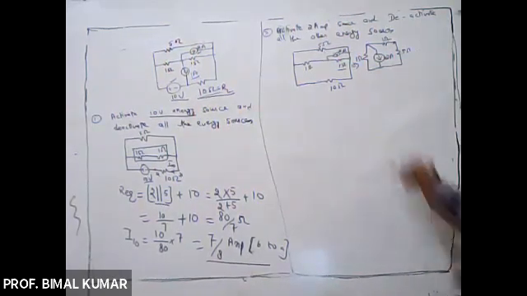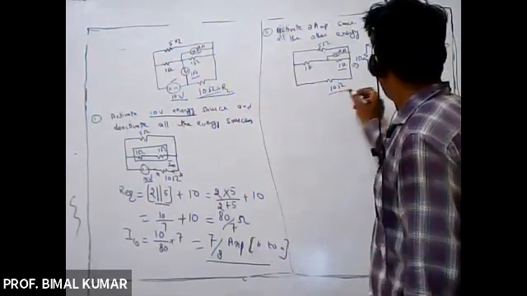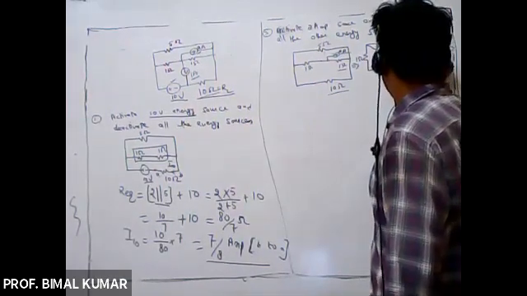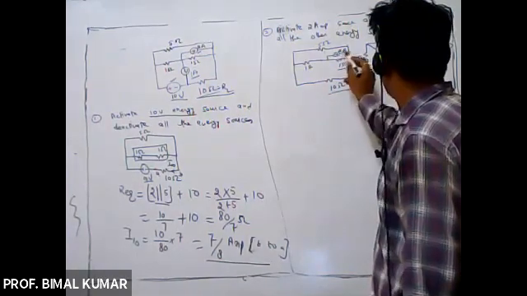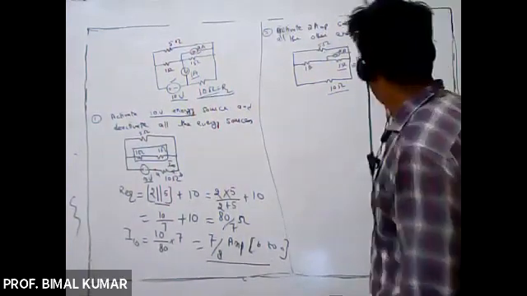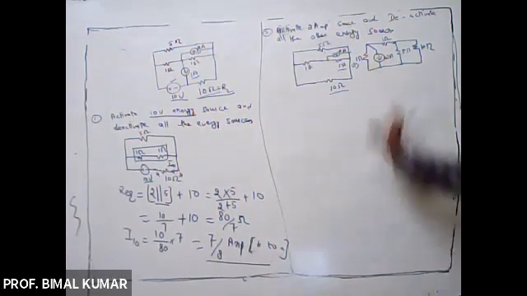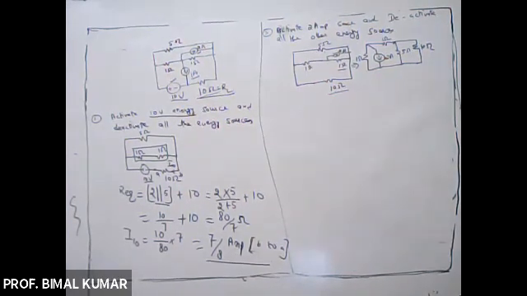Then the second terminal of the 1 ohm is again connected with the 10 ohm resistance, and this is connected with the head of the 2 ampere source. So this is your equivalent circuit. Both of the circuits are equal, only I had just redrawn this circuit, right?